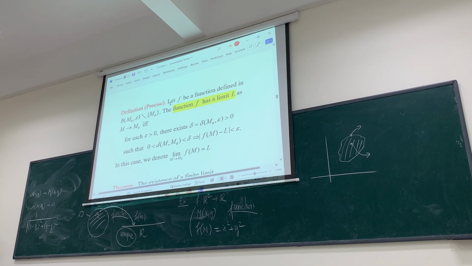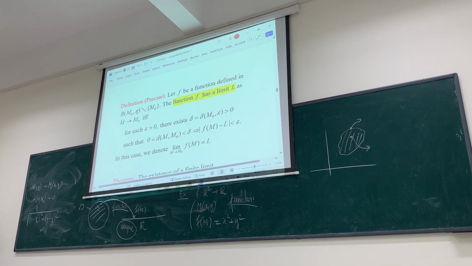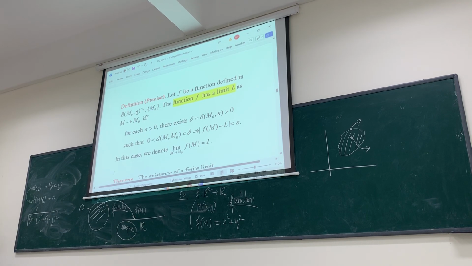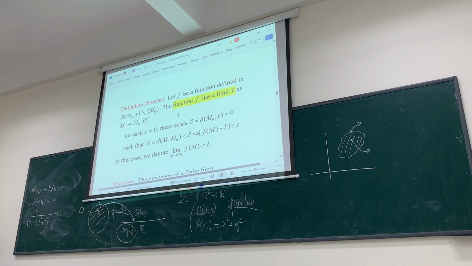Let f be a function defined in an open ball centered at M0 with radius epsilon; it may not be defined at M0.